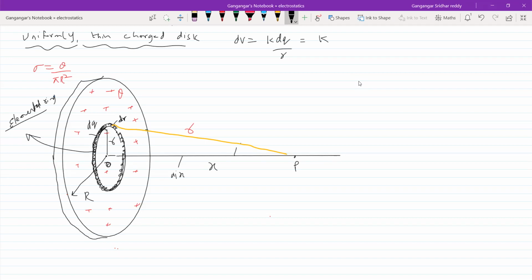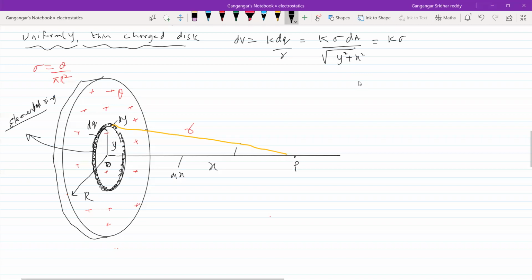So further, what is K? Sigma into area of that. R, oh, this I'll put as Y. So this should be equal to how much? Root of Y square plus X square. What is dA?